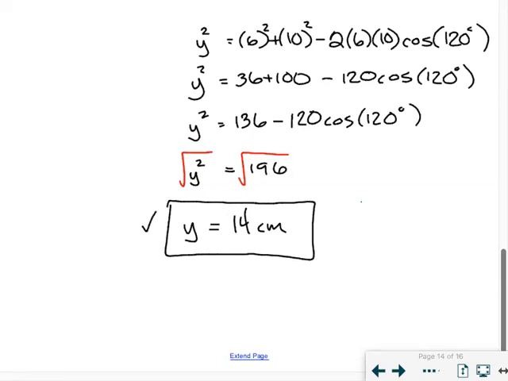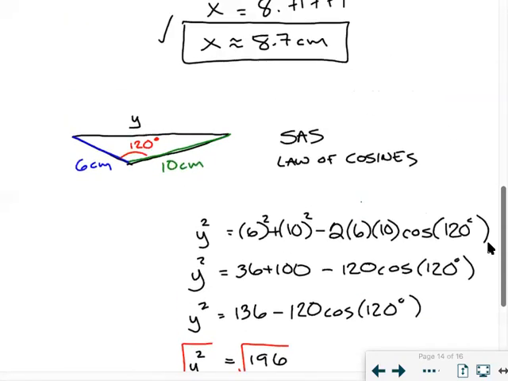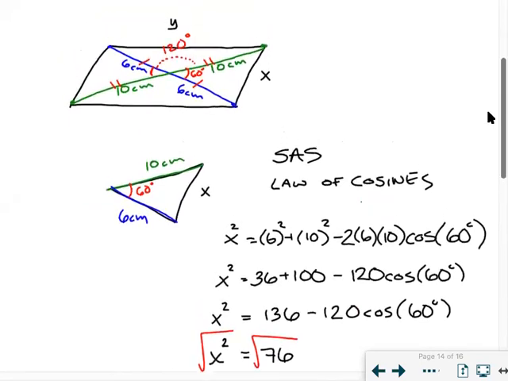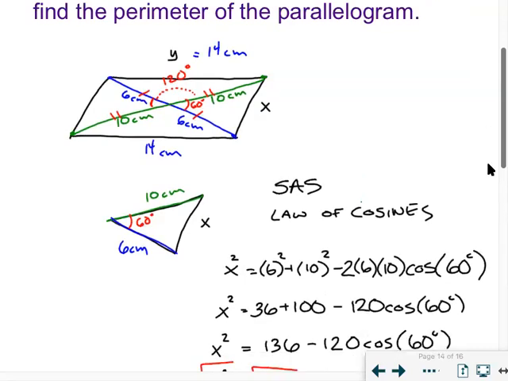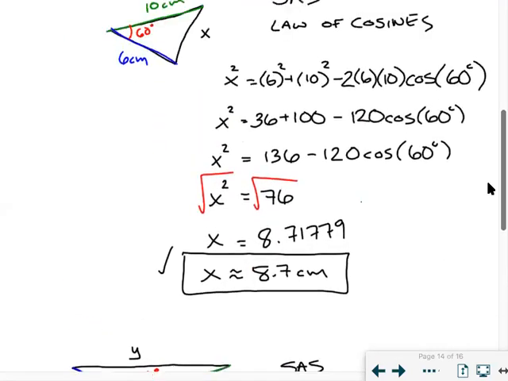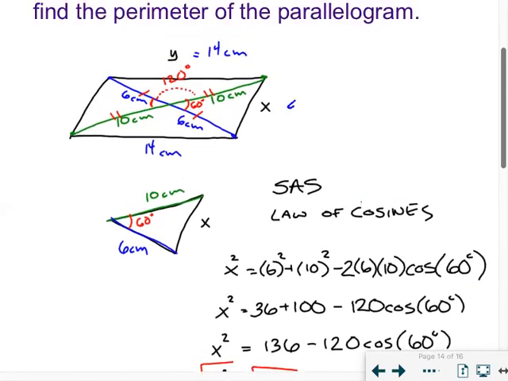Now this is side length y, so I have the two sides of my parallelogram. I'm going to go back up. Now I know that side length y is equal to 14, and that side length is 14 centimeters. Side length x was 8.7 centimeters, and here is 8.7. The perimeter of this parallelogram is the sum of all four sides.